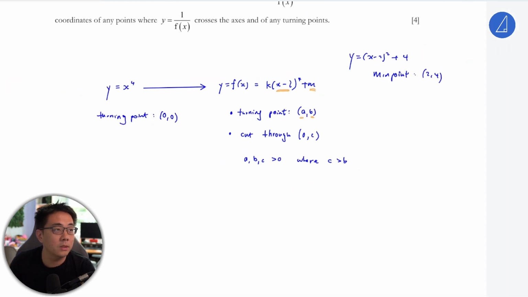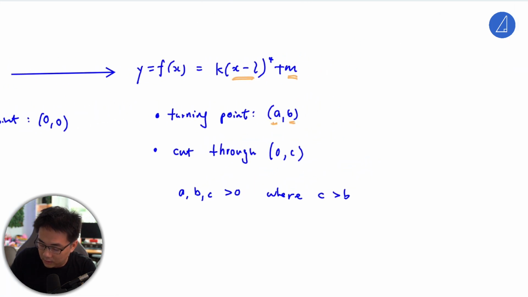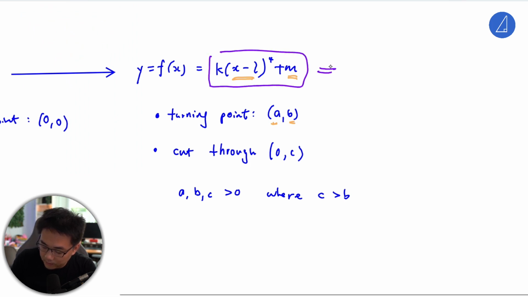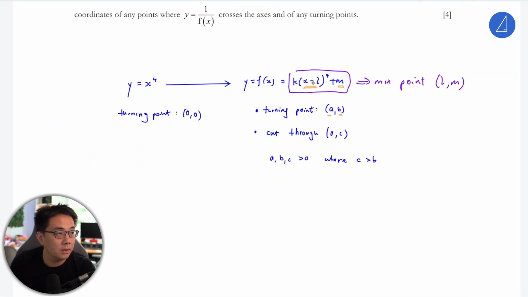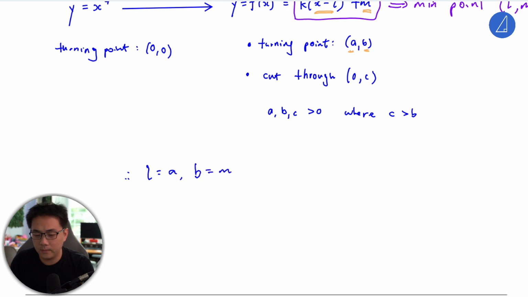So similarly, for this one here, just based on the equation, you can tell that the minimum point is (l, m). It's just a secondary school equation. The minimum value of y happens when this is 0, so x is l. Then the minimum value of y is actually m. So essentially in this case, what we can get is l = a, and b = m.